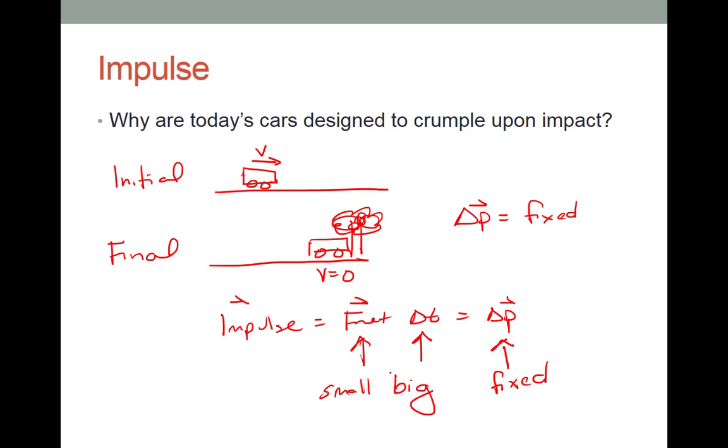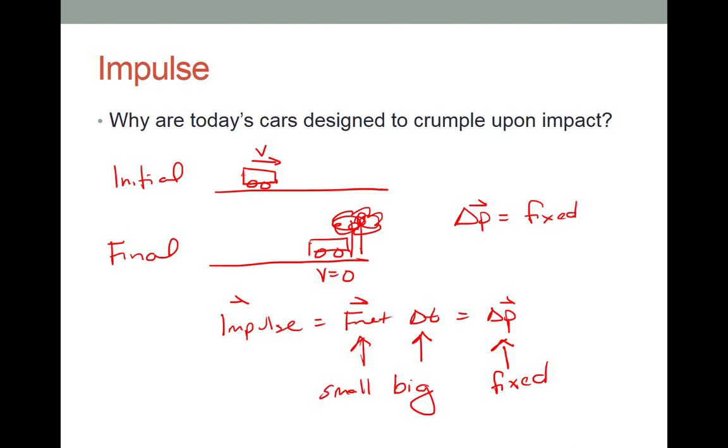Well, how do I make the time of impact big? Well, I extend what can happen. If what I'm doing is running a nice hard piece of steel into a tree, then the time of impact is going to be very, very short, because that steel is not going to bend, it's not going to give.